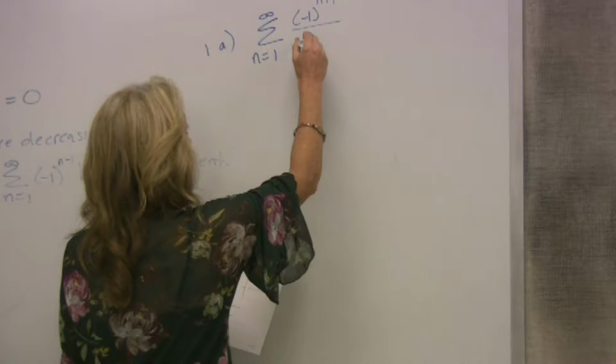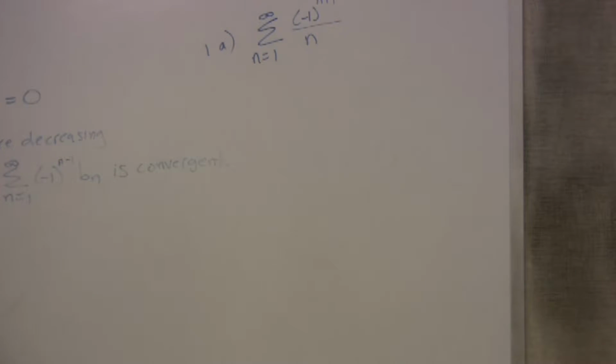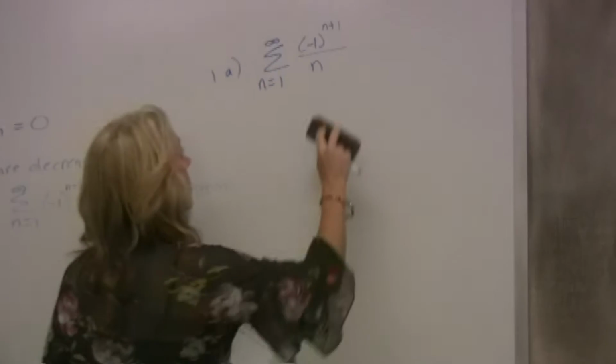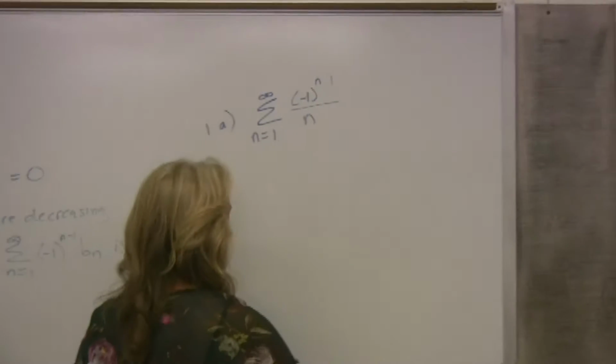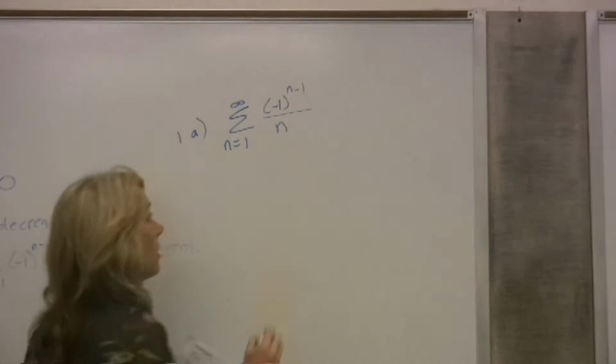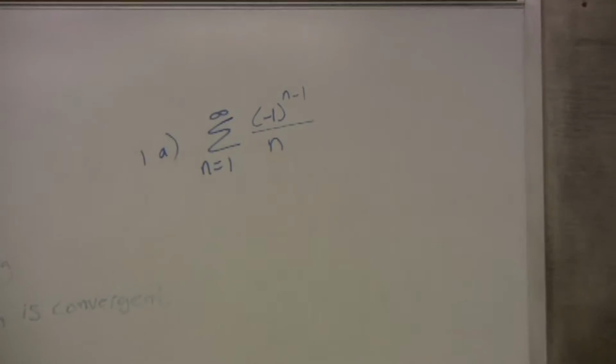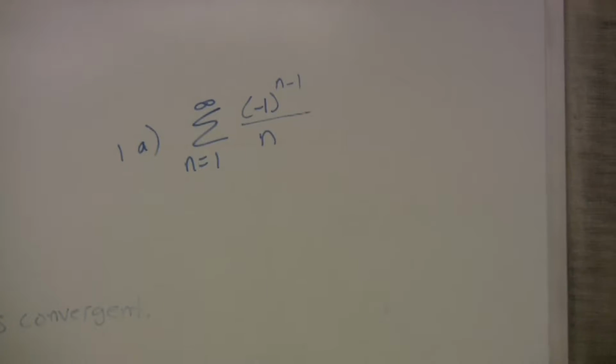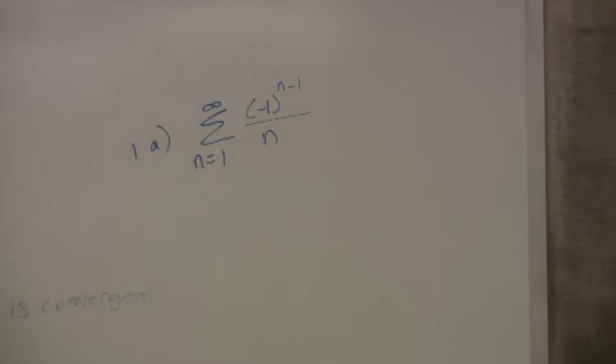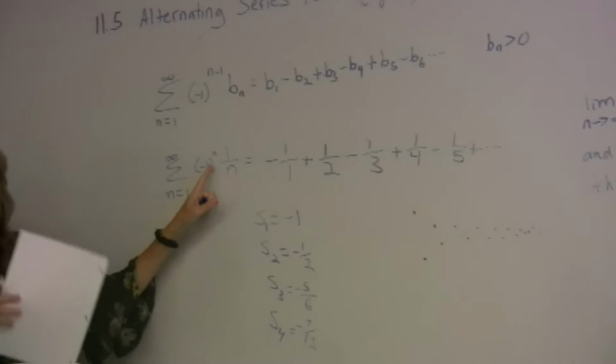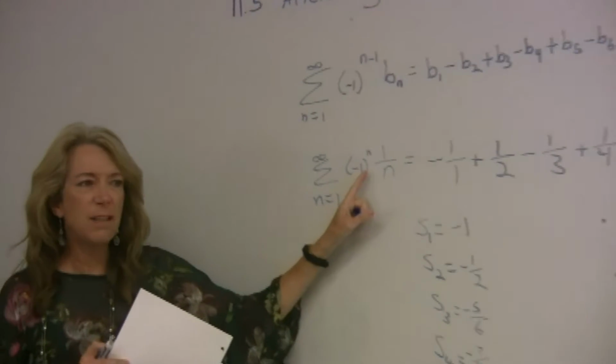It's n minus, oh, it's a -1, thank you. It's a -1. How is that series different than this series? One subtle difference. The n minus 1 versus the n on that -1. This one has an n, that one has an n-1. What does that do to it?